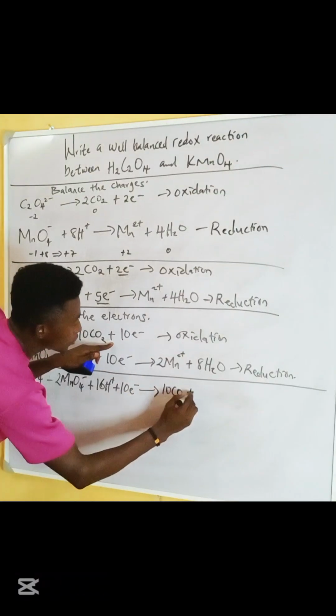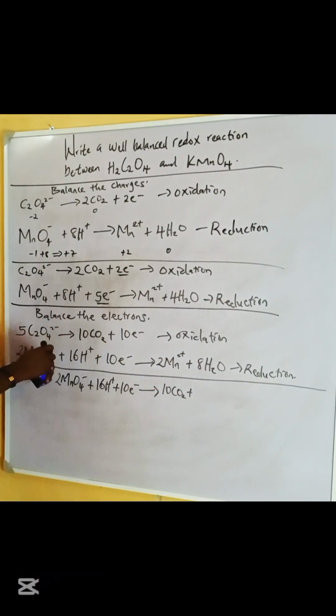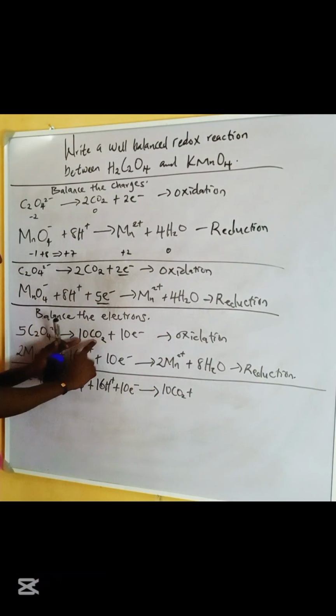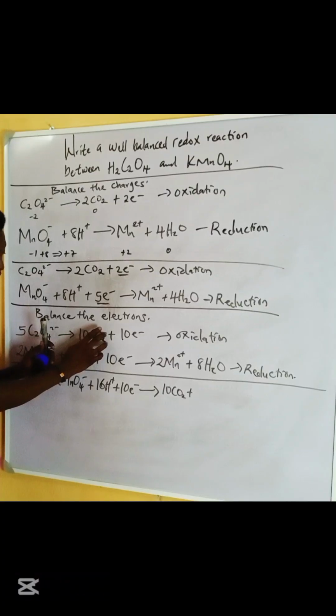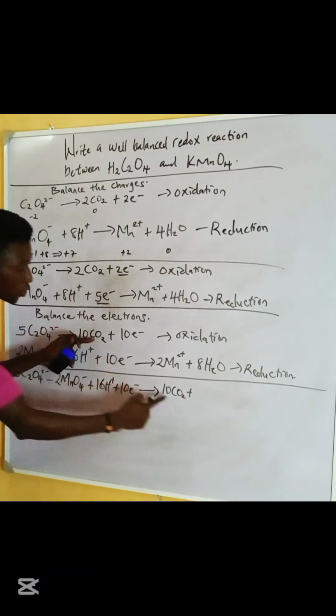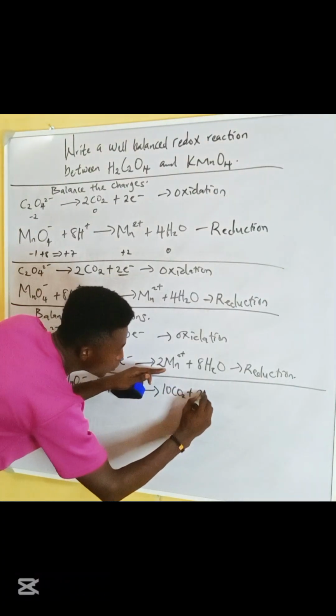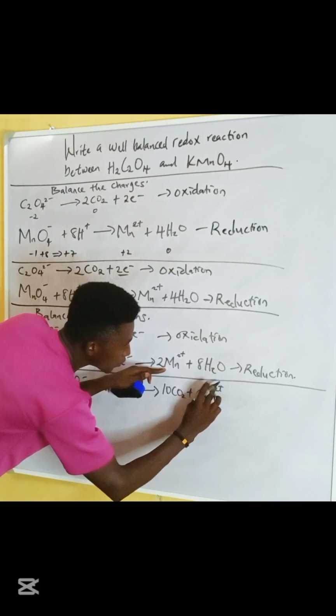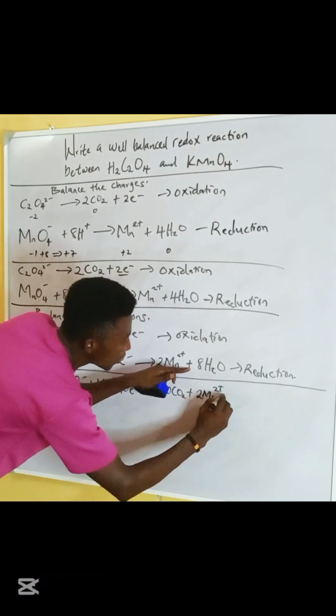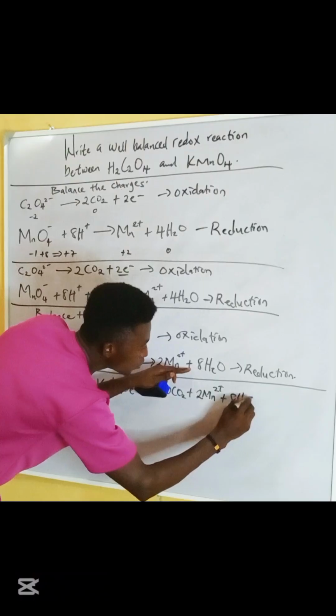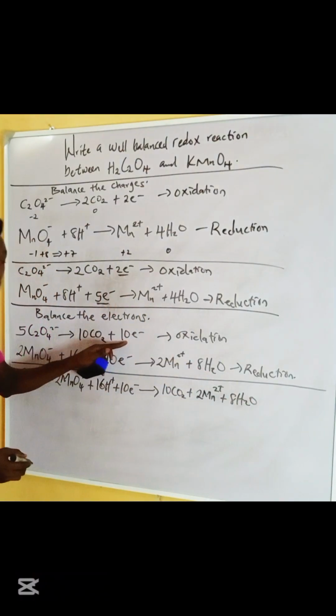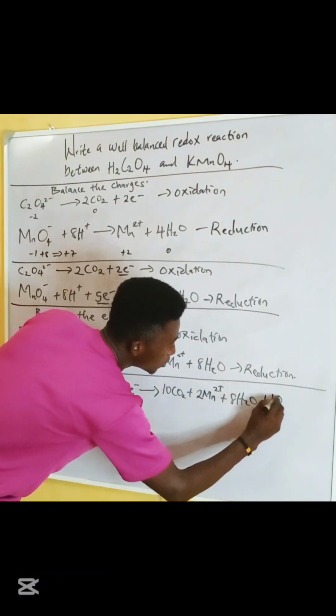Plus, now this is electron, I'll bring it last because I'm particular about the compound first. So 10CO2 plus 2Mn²⁺ plus 8H2O plus what? My 10 electrons, plus 10e⁻.